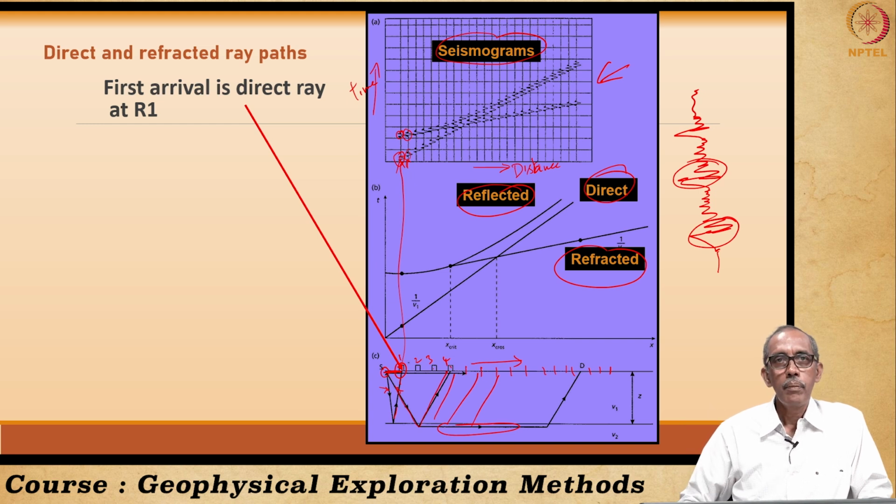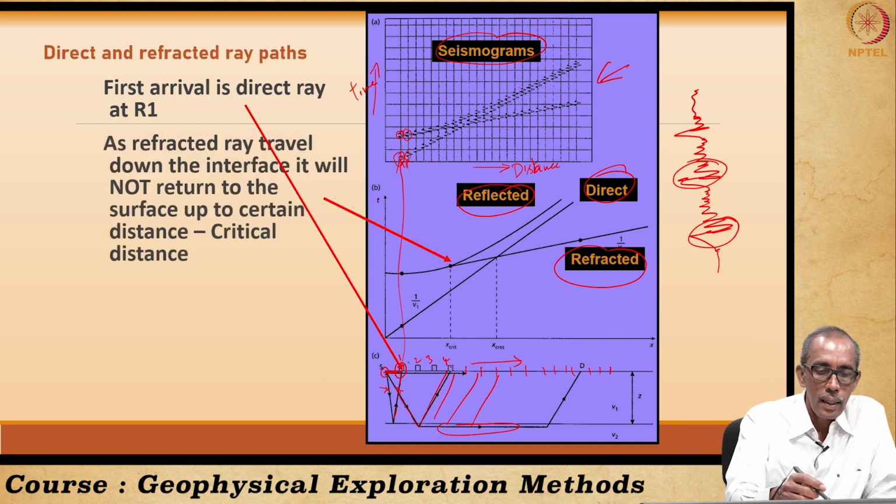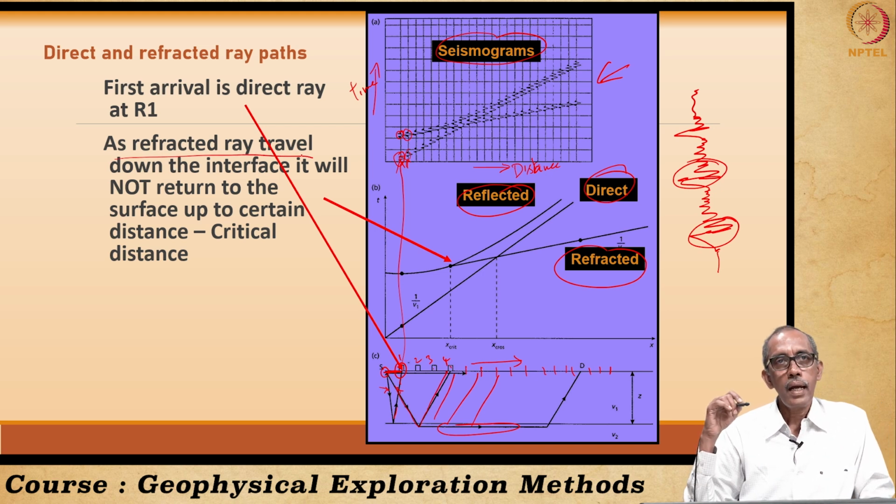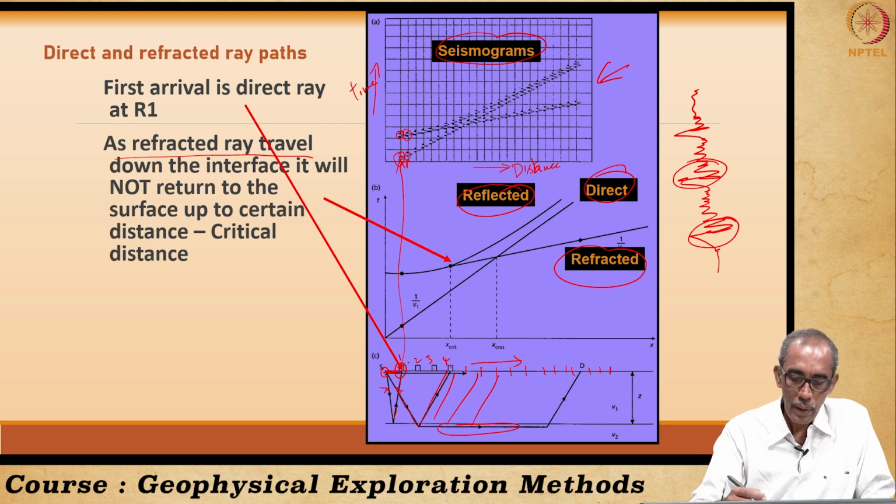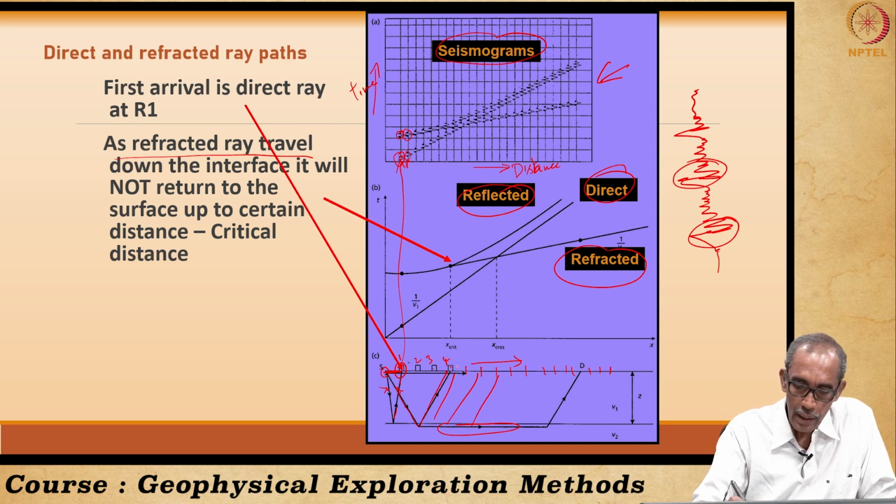Okay. But, right, as the refracted ray travels down the interface, it will not return to the surface up to a certain distance. What do we mean by that? That means, for refracted signals to reach the surface, the seismic wave should meet this at critical angle, isn't it?